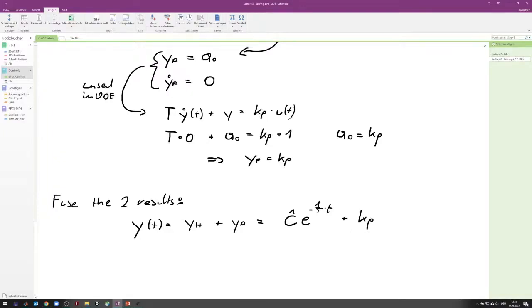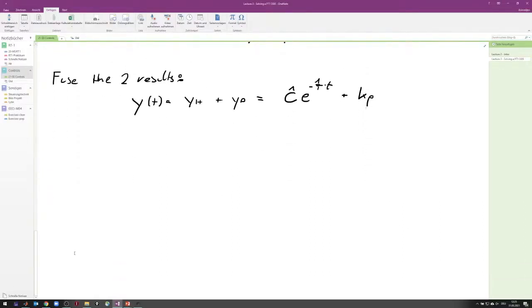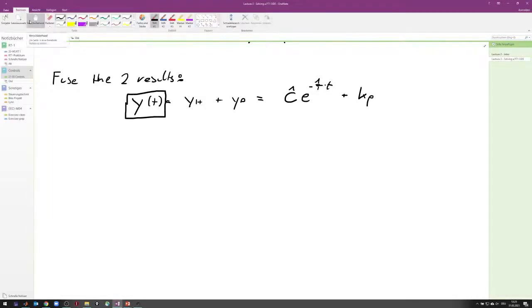So question to you, are we done yet? So could you now draw the graph of this y of t, because as an engineer, this is what you're ultimately interested in, or is there something missing? Maybe you can answer in the chat.